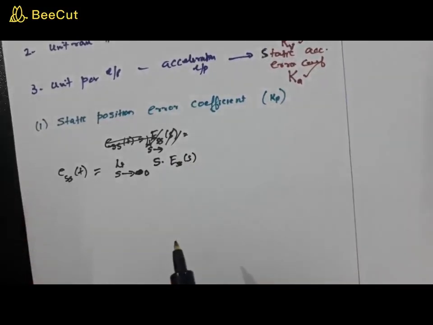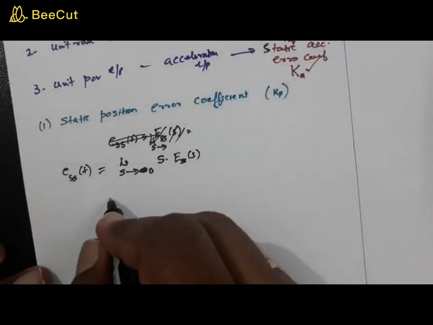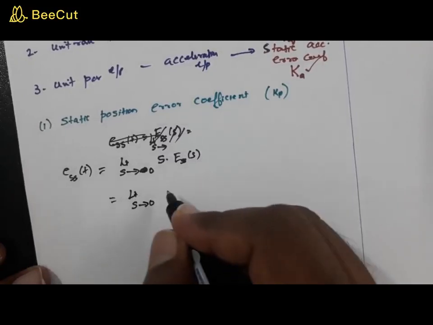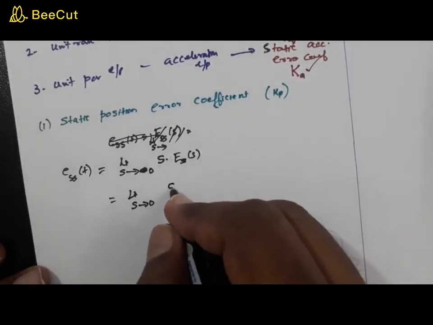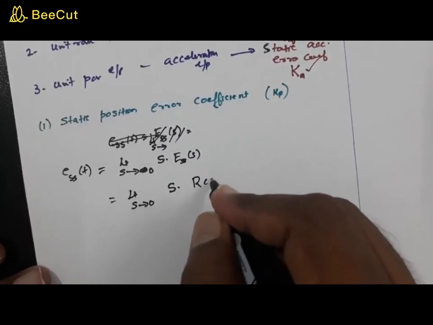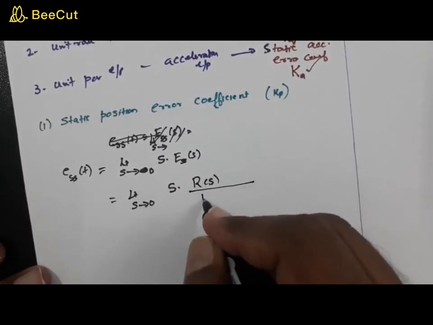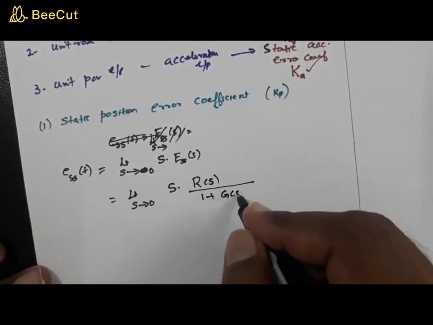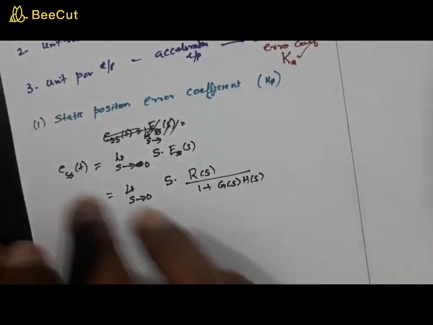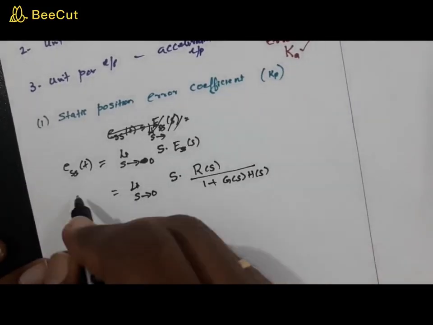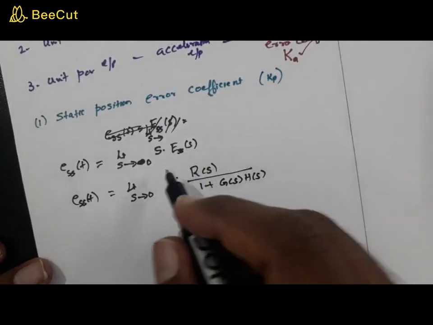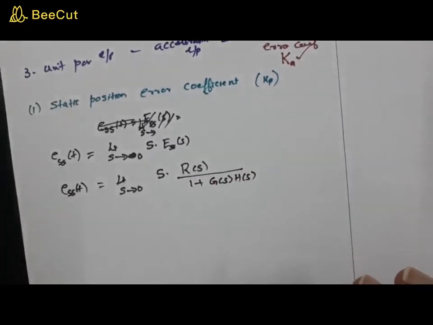So this is limit s tends to 0 of s into R of s divided by 1 plus G(s)H(s). This is the equation for the steady state error, which we have already seen.